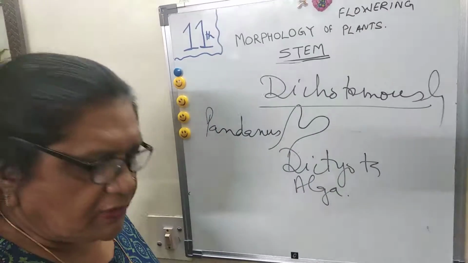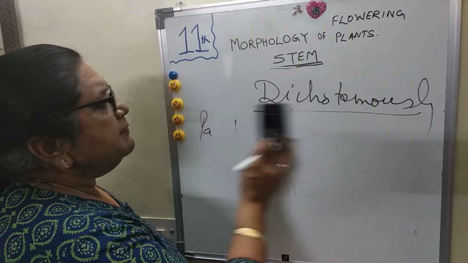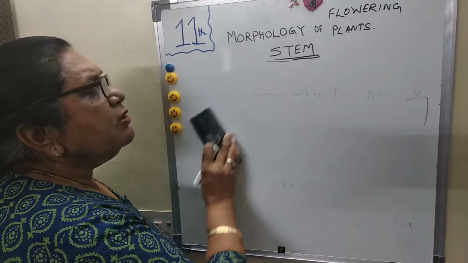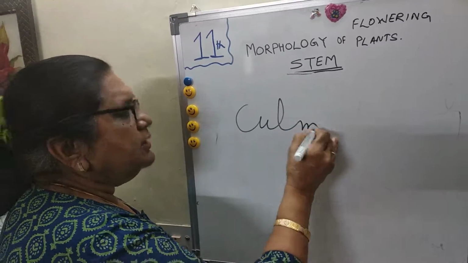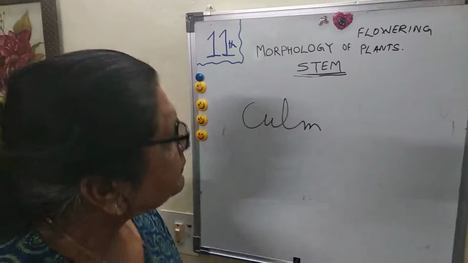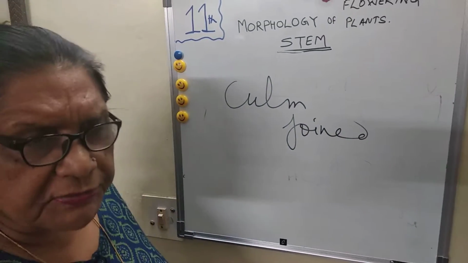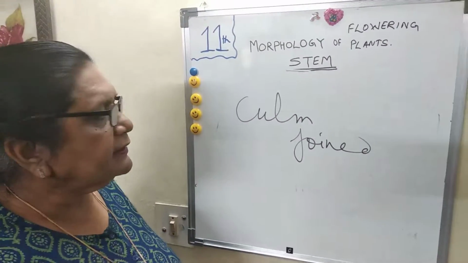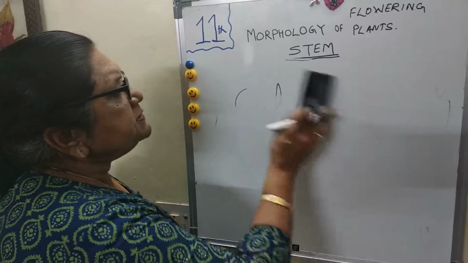In case of the bamboo, they are hollow inside and they are called culm. That means they are jointed. So the variation occurs in angiosperms, the stem is of various types.